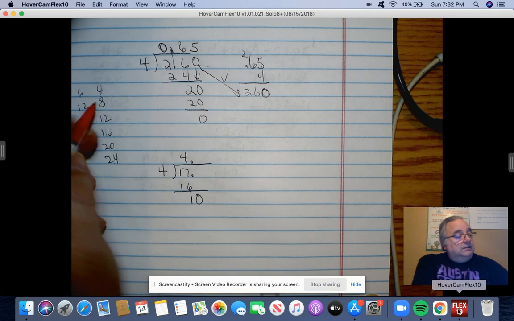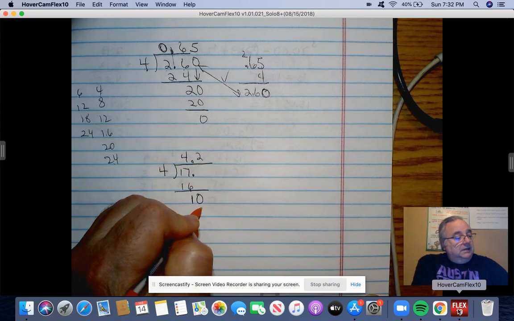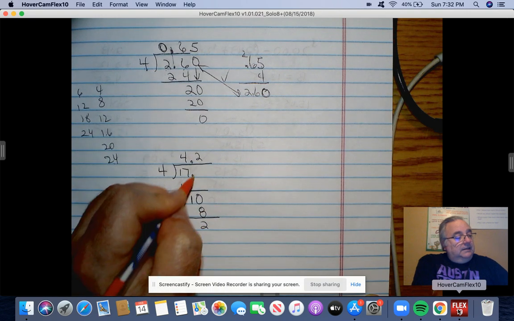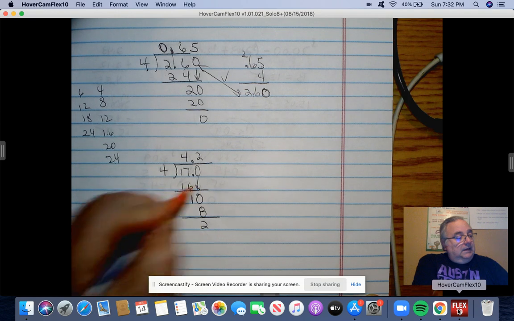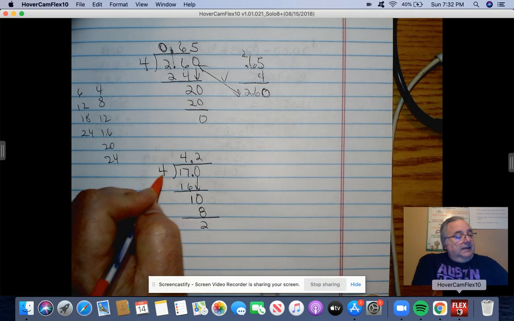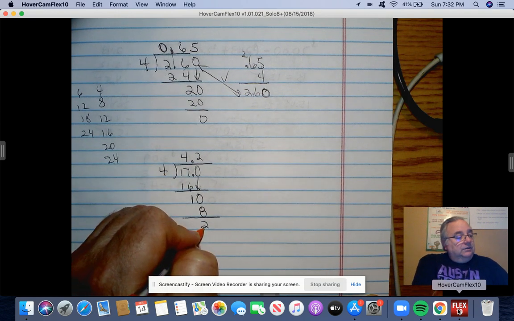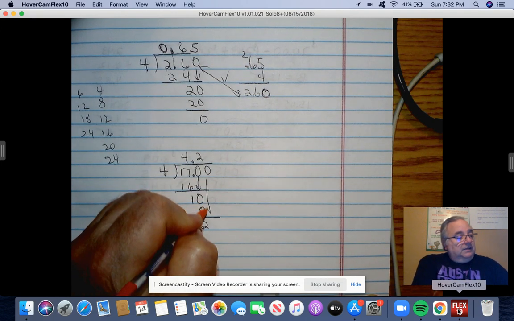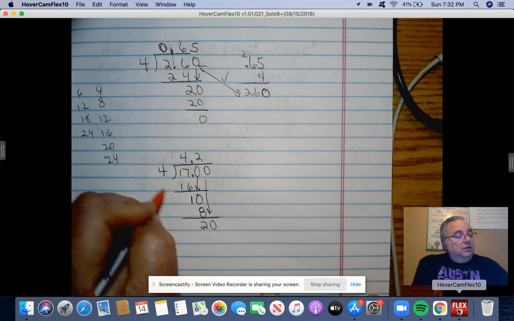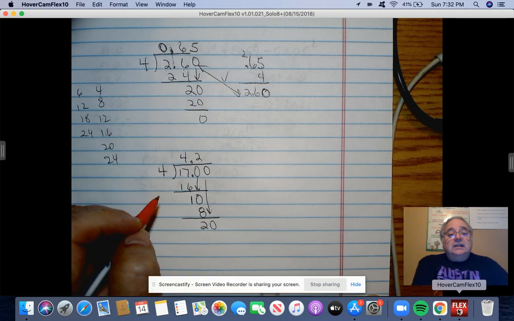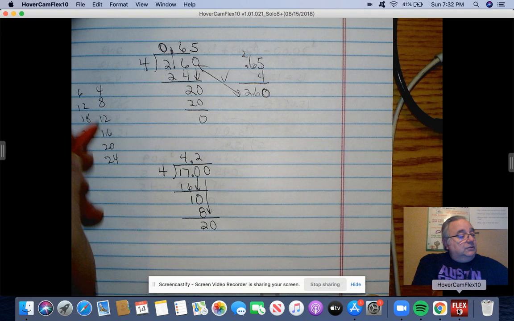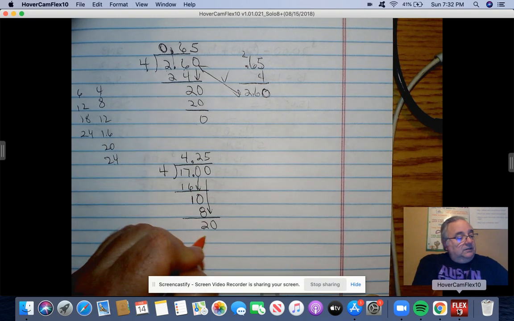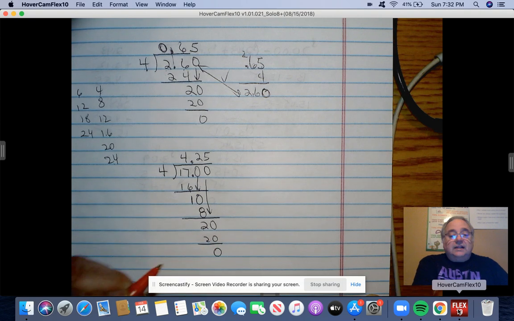How many times? 1, 2. 2 times. That gives me 8. I can't divide 4 into 2, so now I got to go into the hundredths place. Once I do that, I can divide 4 into 20 hundredths. 4 into 20 hundredths is 1, 2, 3, 4, 5. It's 20 hundredths, and I can subtract it.